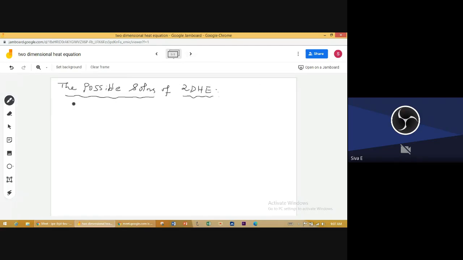So here we can find the solution of the two-dimensional heat equation by the variable separable method. By the variable separable method, u of x comma y can be written as X of x times Y of y.